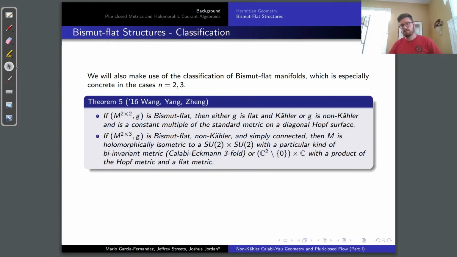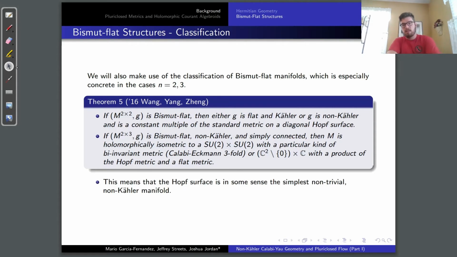When you get to n = 3, the classification is still fairly concrete. If you're talking about a simply connected Bismut-flat non-Kähler manifold, then that manifold has to be holomorphically isometric to either a Calabi-Yau threefold or C^2 without the origin, times C. Okay, and the metrics on those are a particular kind of bi-invariant metric on the Calabi-Yau, or a Hopf metric and a flat metric product on C^2 without the origin times C. Yeah.